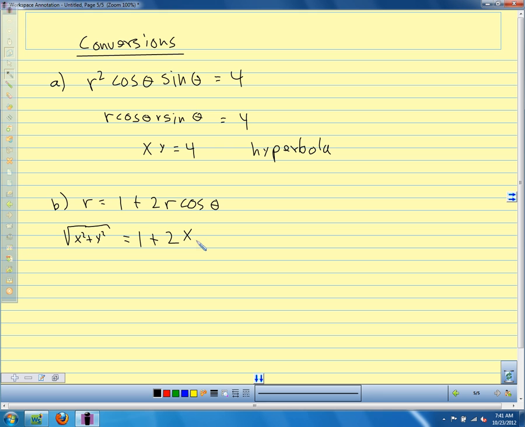Now, if we wanted to make this look a little nicer, what are we going to do? Square both sides. So I get x squared plus y squared equals, when I square this, I get 1 plus 4x plus 4x squared.